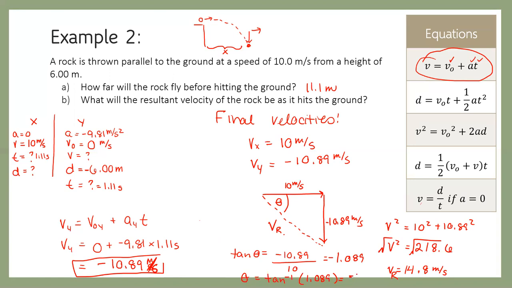Negative, it should be a negative 47 degrees. So it's at negative 47 degrees, or we could say 312, 313.